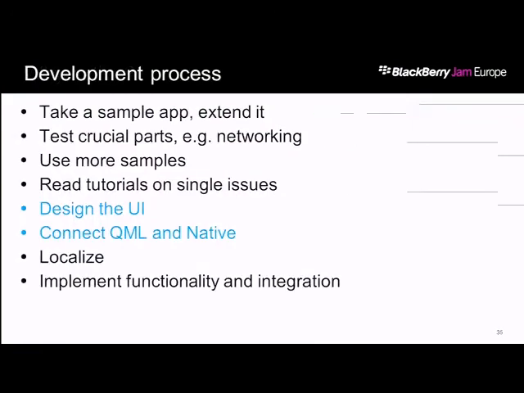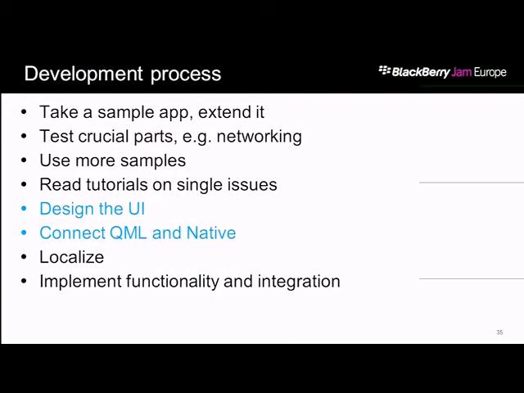So the development process, I think that's the most important part. I started by taking a sample application from the website, and then added stuff to it until it broke, and then tried to figure out why. And tested, for example, networking, and then used more samples to add more functionality.